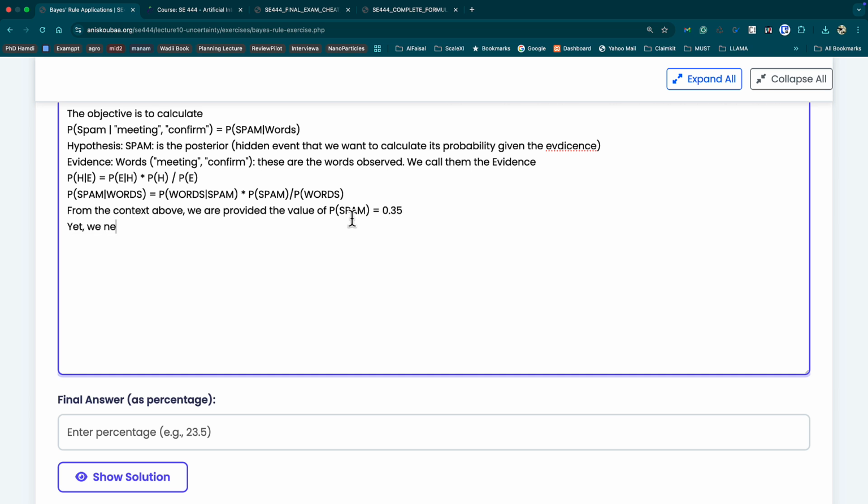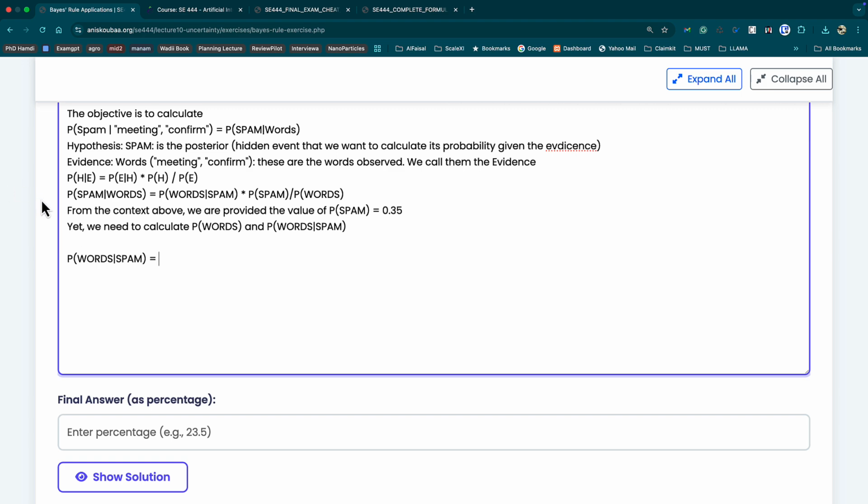Yet we need to calculate P of words, which is not given, and P of words given spam. Okay, let's start with this one. Probability of words given spam is equal to what?